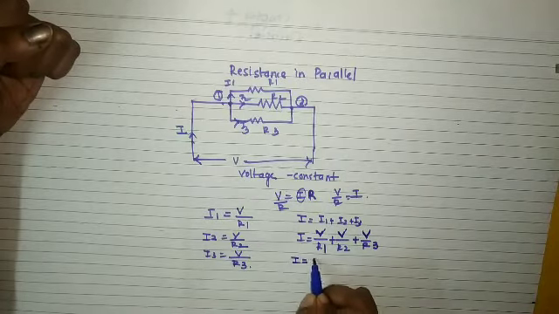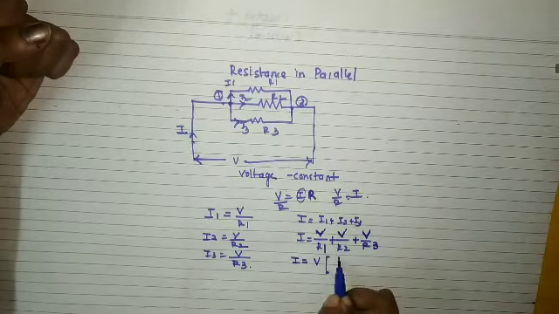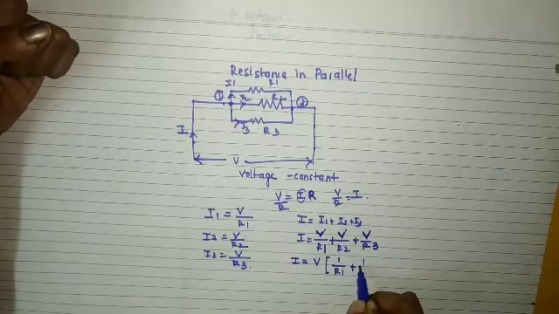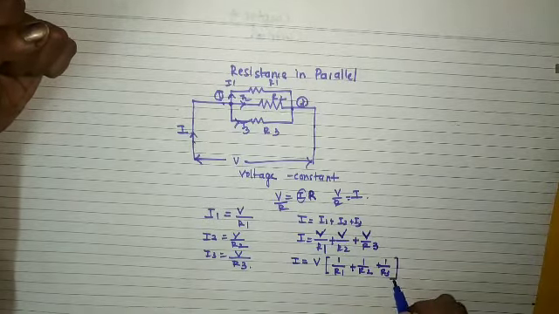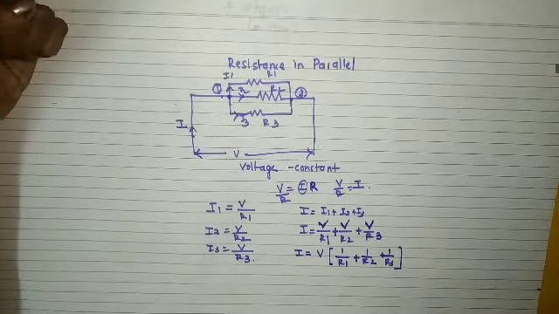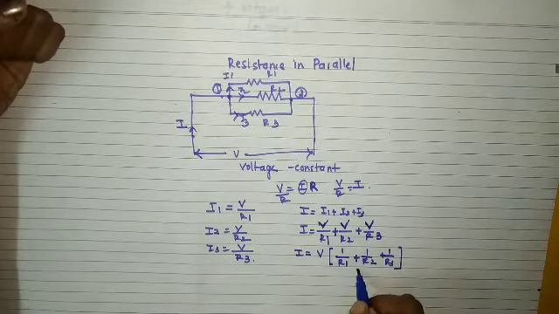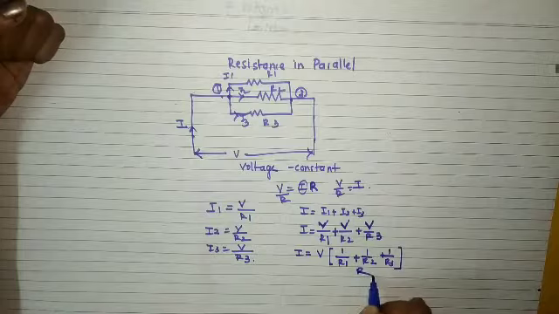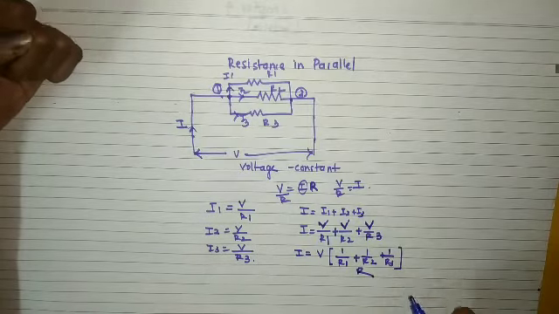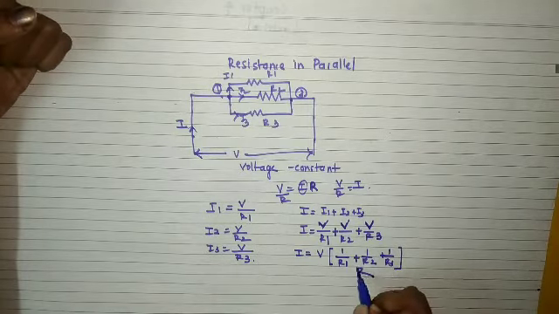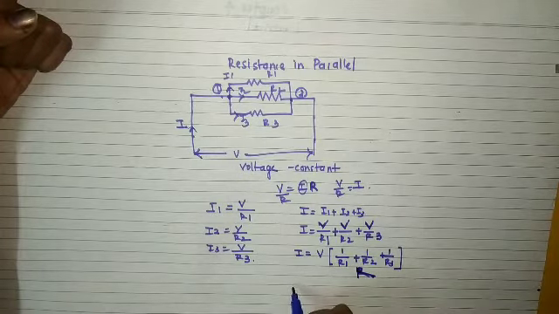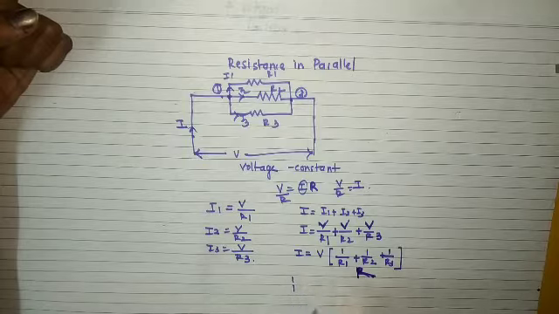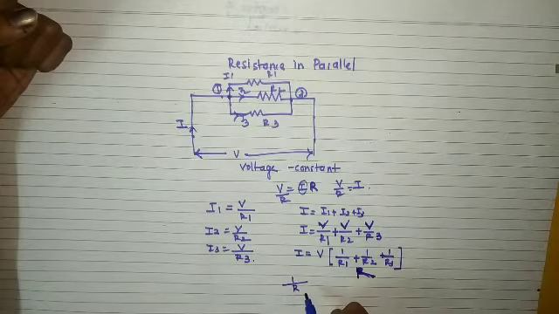I is equal to V times 1 upon R1 plus 1 upon R2 plus 1 upon R3. So what is this? This is the value of R in parallel resistance. In parallel resistance, it is 1 upon R.